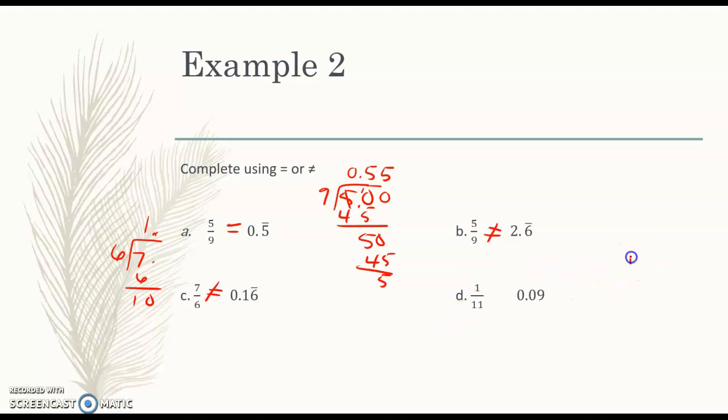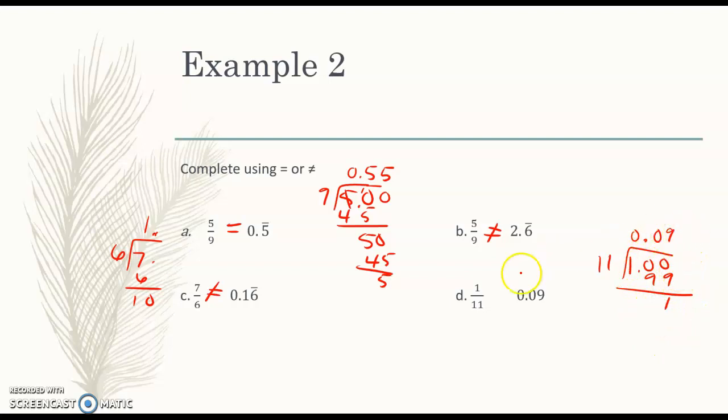Right, now over here, 1 divided by 11. And 11 doesn't go into 1. 11 does not go into 10, so 0.0. From here, I'm now asking how many times does 11 go into 100? Well, it goes in 9 times. I'm left with 99 and then 1. And you may want to say, yes, but we're not done, right?